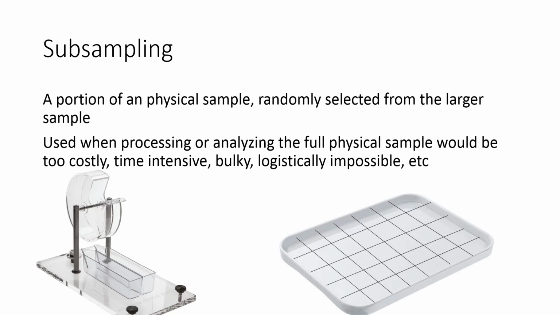And so this is an example of a plankton splitter. You would pour an entire sample inside this round thing. You would flush it back and forth, and then there's a glass piece splitting half of it.